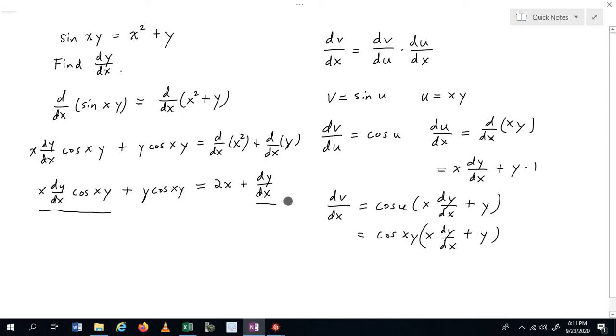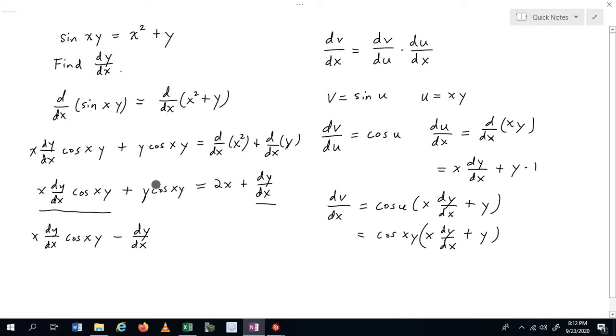So these are the two terms that have a dy/dx in them. I want them on the same side, and so I'm simply going to subtract this one over to the left-hand side. Now I need the terms that don't have a dy/dx in them on the other side.